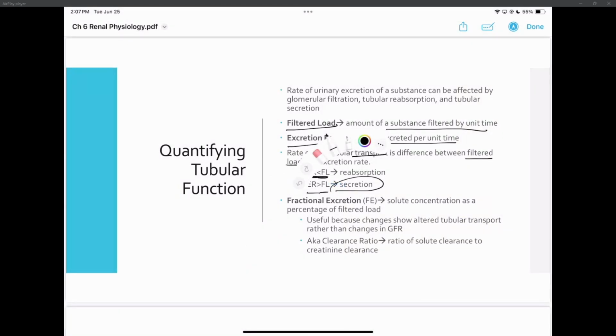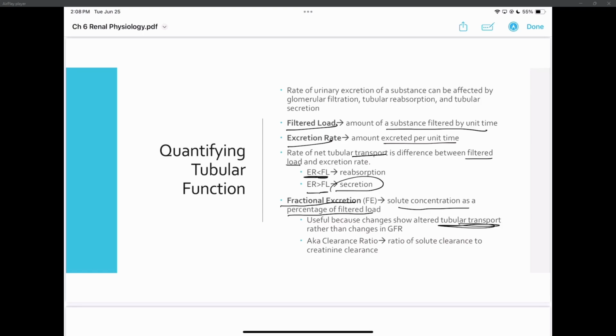We also look at fractional excretion. This is the solute excretion as a percentage of filtered load. This is useful because it shows changes in tubular transport, not just how much filtrate we're able to get in there. What's going on with the actual tubes themselves?